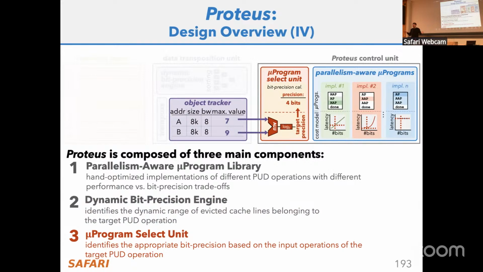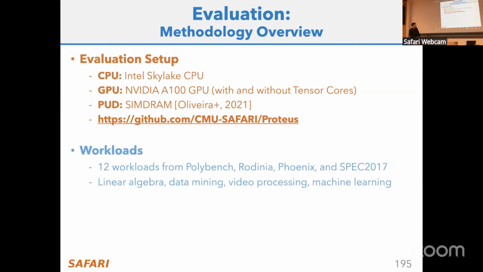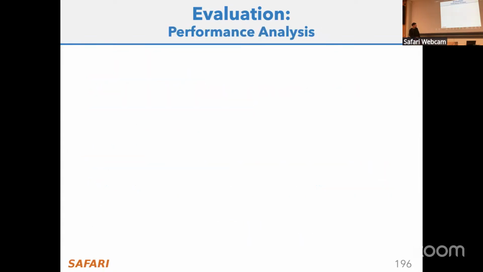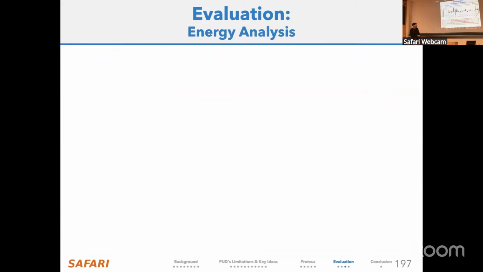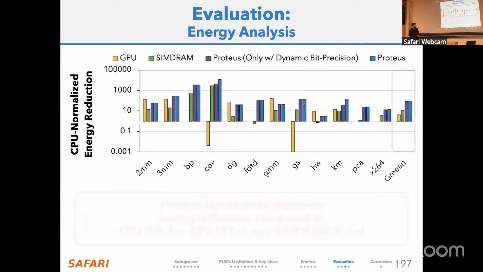So once I know that precision, I can probe that parallelism-aware microprogram library to identify what is the most efficient implementation of that particular in-DRAM operation, and then issue those activations according to the DRAM chip itself. By doing that, we implemented several applications, and we see that we can significantly improve performance compared to prior processing-using-DRAM systems, and also improve energy efficiency.